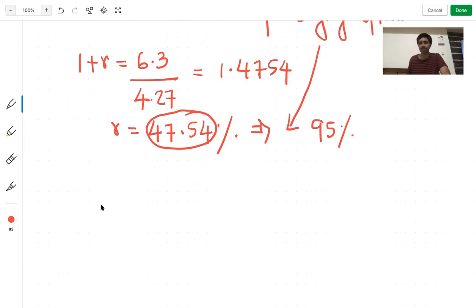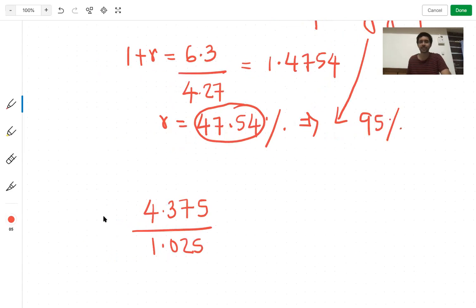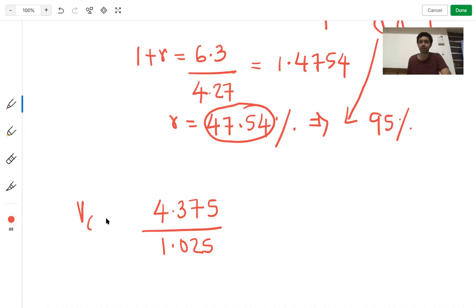The second point I wanted to mention was from the previous session. I don't know how many of you remember, the numbers were 4.375 divided by 1.025. These were the numbers we finally arrived at when calculating the value of the call option today.